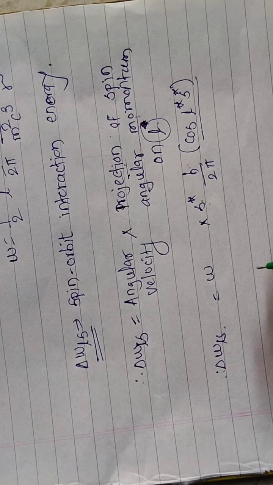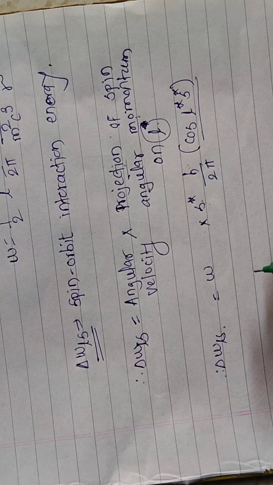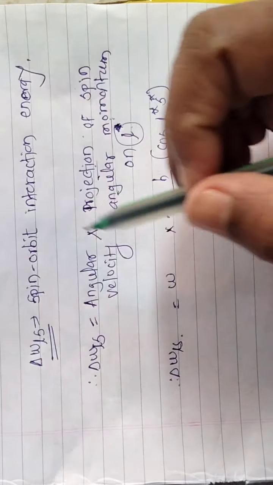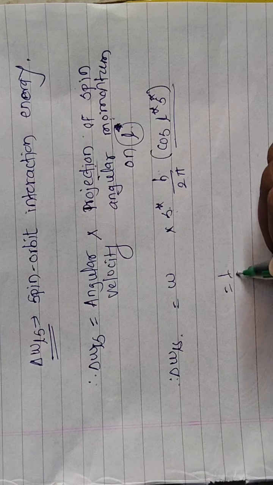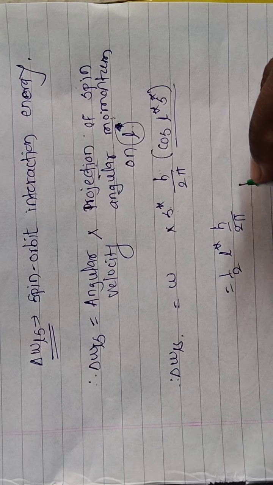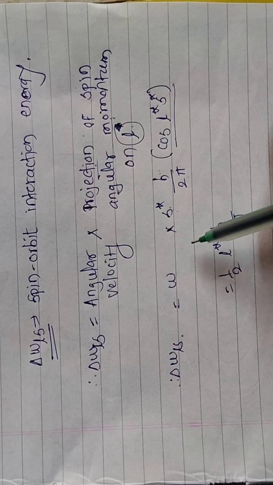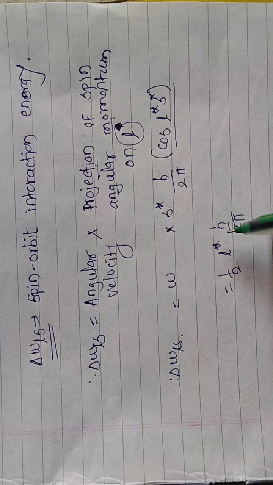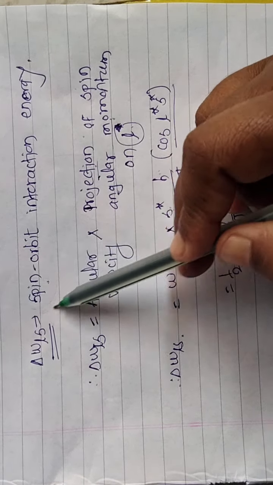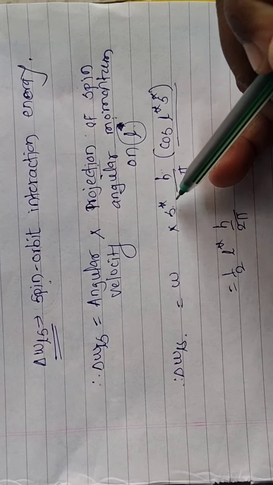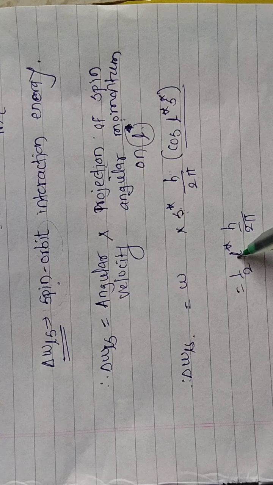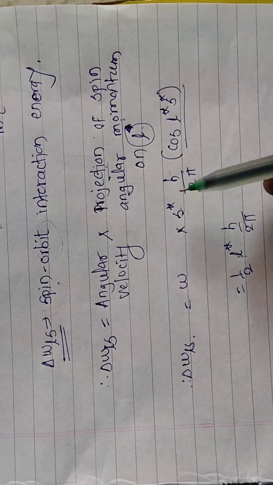So here, by putting the value of omega by using this equation, it is equal to 1/2 L star h upon 2 pi. In this equation, we should see which values must come. Here we are looking at the spin orbit interaction energy. Spin arises due to S, and due to the orbital motion there is L. So these are the two important factors here.